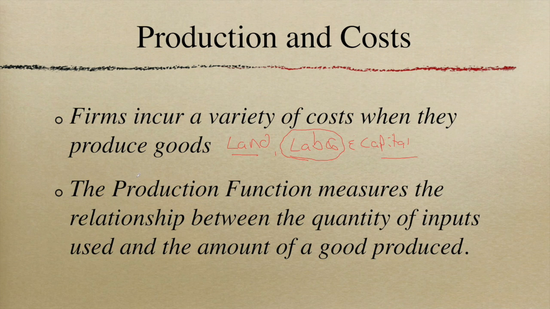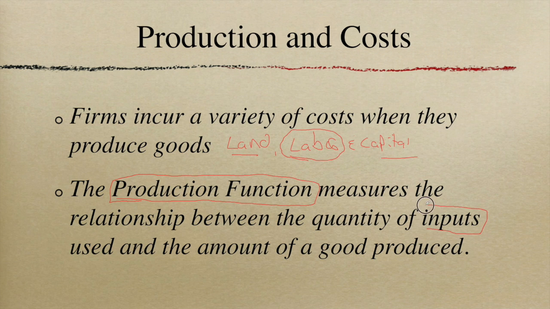So the production function is a graph we use to demonstrate how firms employing labor or land or capital, really any factor of production, how their productivity changes as they increase an input.